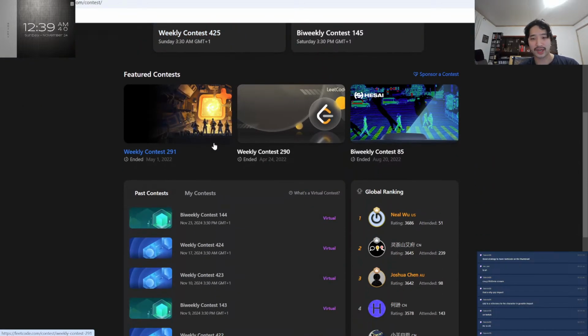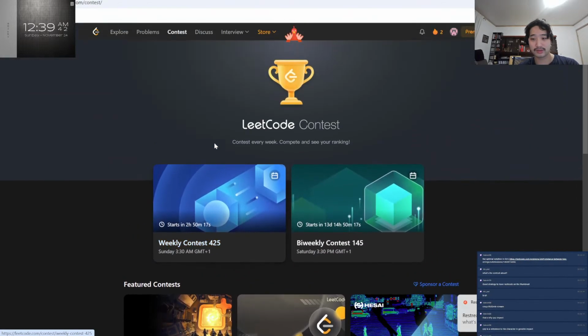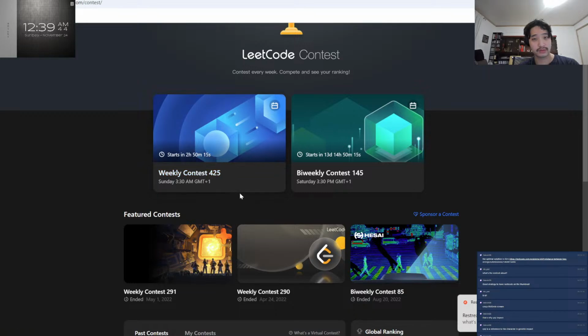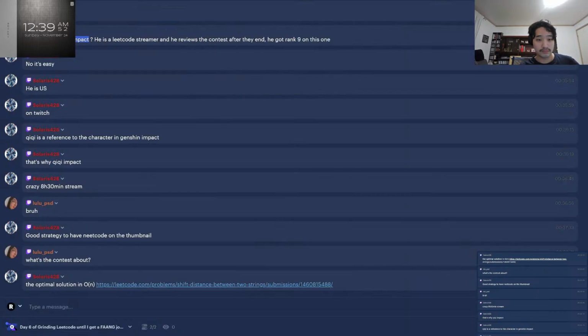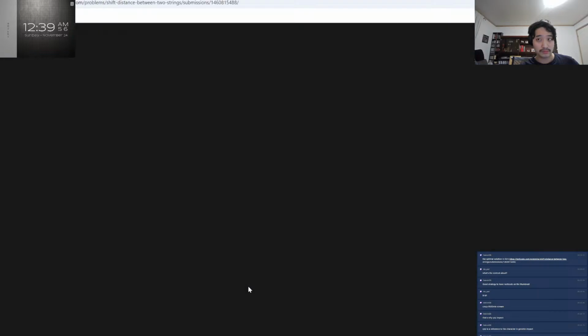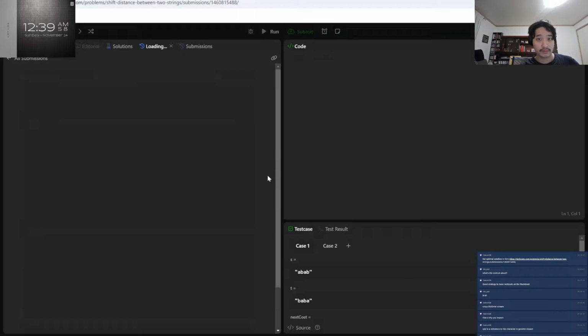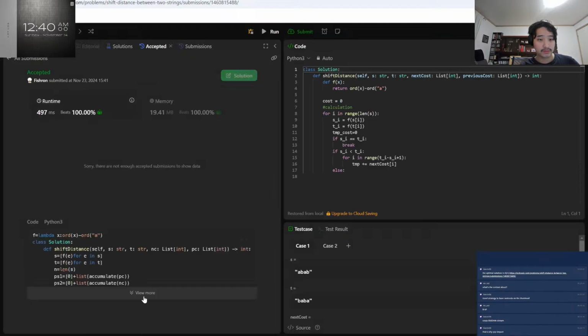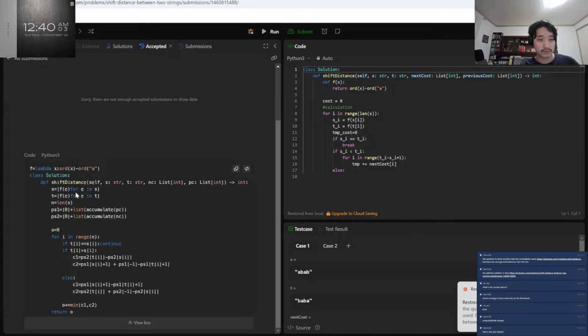Rather than just frying my brain. Lulu_PSD asks, what's the contest about? Solaris 428 posts the optimal solution in O(N), then a link to the Shift Distance Between Two Strings problem, and the quicker-to-write solution that top contestants used.